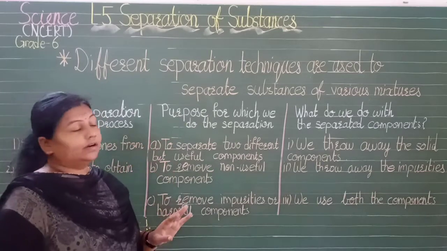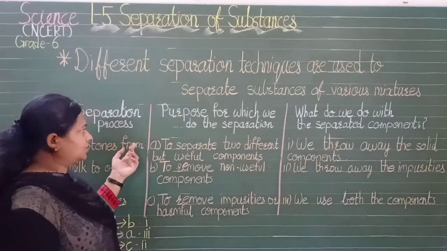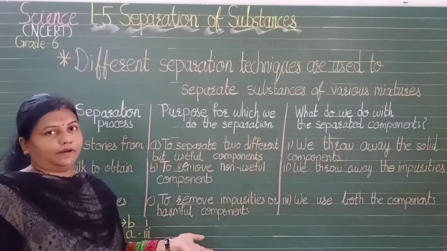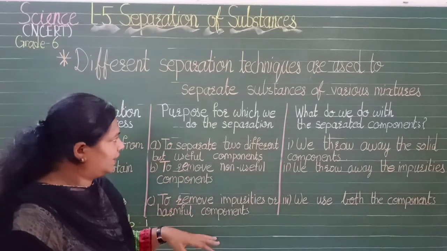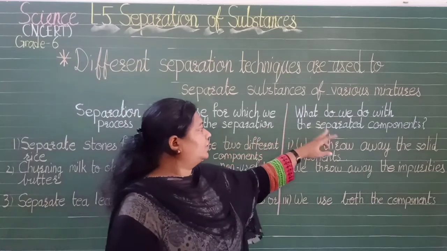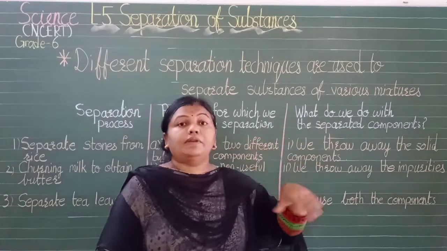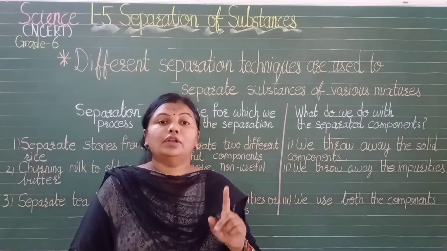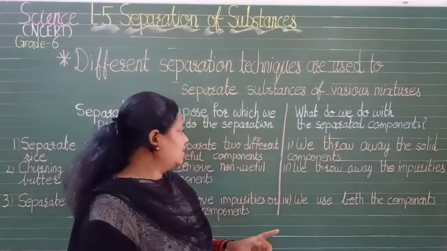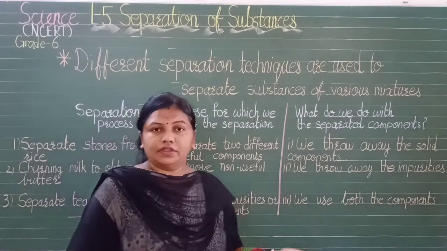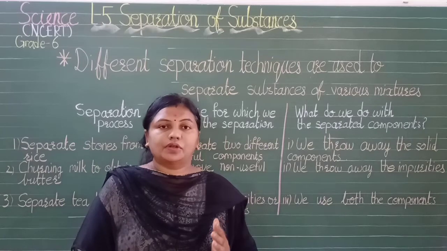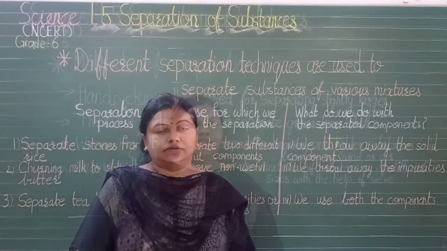Now you are clear about the separation process, what is the purpose, why we should separate, why we cannot use it directly, and what we do with the separate components. Sometimes we use both components, sometimes only one component, and sometimes we throw away the impurities. In this way separation process is taken.